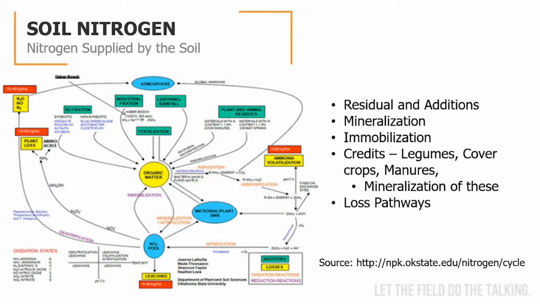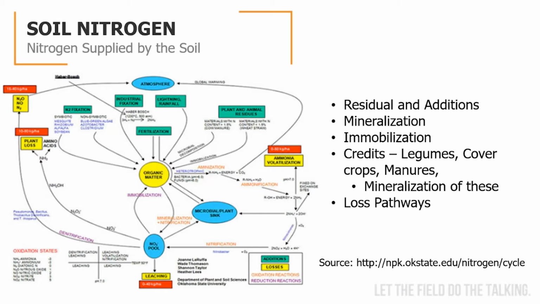And the challenge with this is being able to predict or determine soil nitrogen and when it's going to be available. And so this is the nitrogen cycle that I was taught, where organic matter is the center point of the cycle. Nitrogen provided by, or in some cases lost by, the soil is going to be dynamic and often weather dependent. Much of the soil nitrogen concentration is controlled by the organic matter.